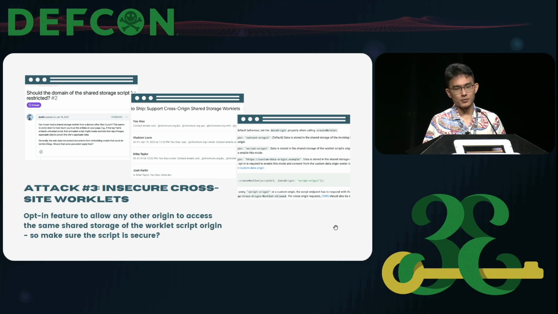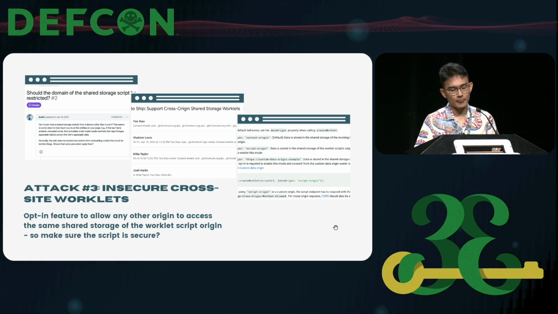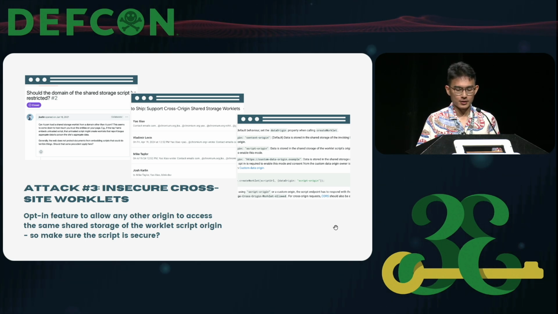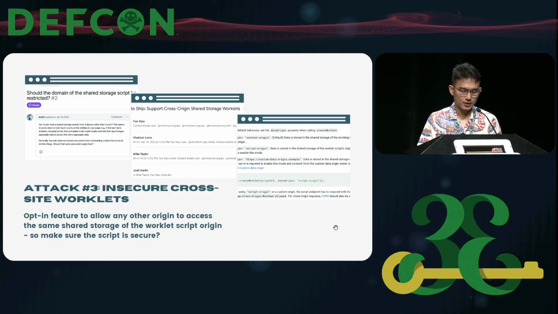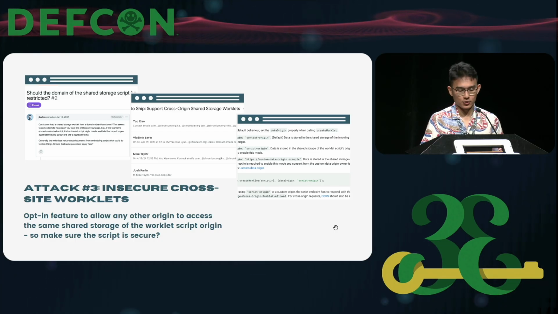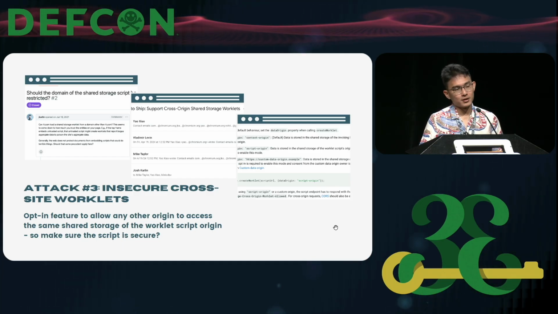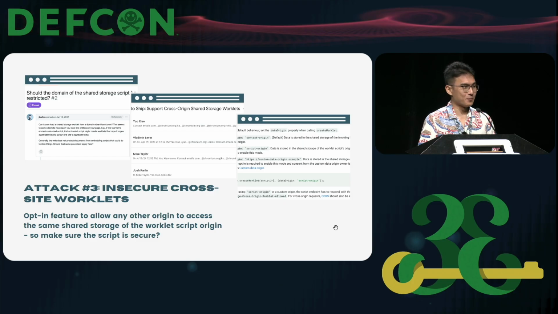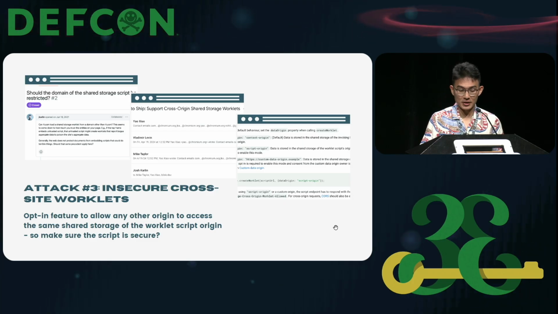This means that the origin that set the shared storage and the module that is allowed to access it can be loaded by other origins. And it's an opt-in feature. And this means that you have to make sure that your script is secure. Unfortunately, as we know, this is a foot gun that means that there's a lot of insecure implementations out there.